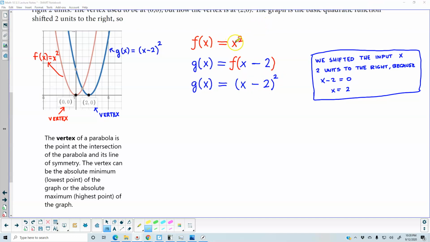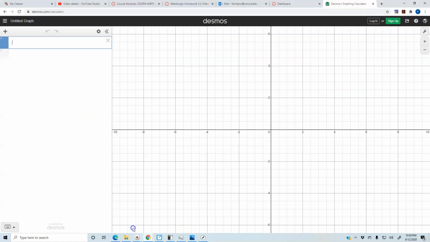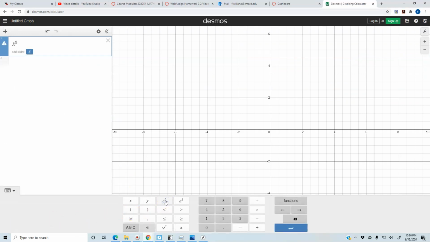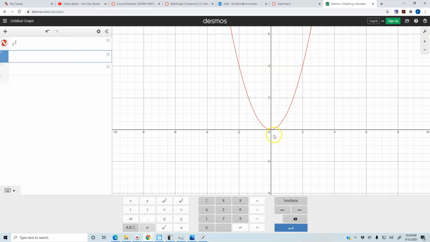Let's take a look at the function x squared on Desmos just to get a clearer picture of what we're talking about here. If I have the graph x squared, what does this graph look like? We have a parabola.